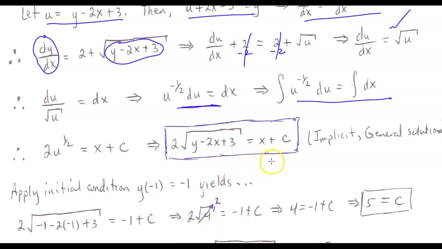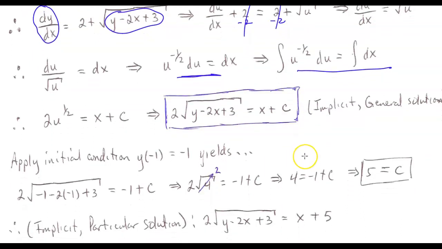Okay. Now, one thing that you are not seeing me do here, and this is what I wanted to point out, is that I did not say, well, hey, let me try to solve this particular equation for y, and then apply the initial condition. I didn't do that. The reason I didn't do it, and I'm going to explain it in more detail on the next page, is that anytime I have a square root on one side of an equation and it's the only term there, in order to get to this y, I would have to square both sides.